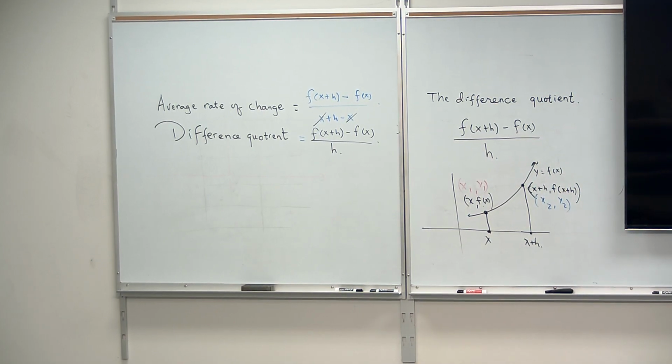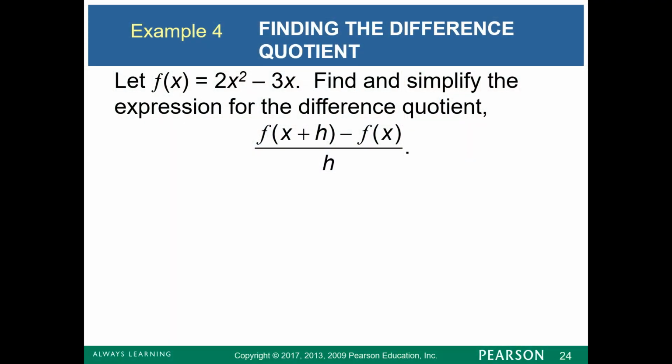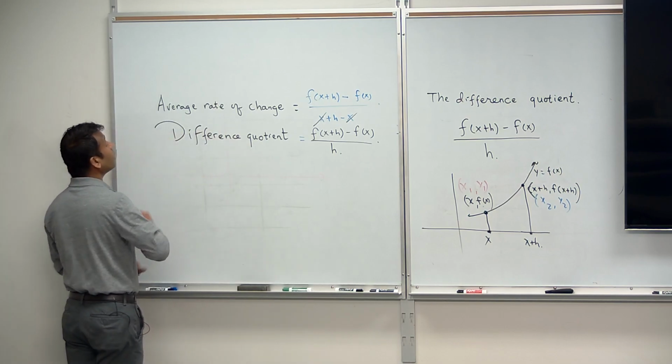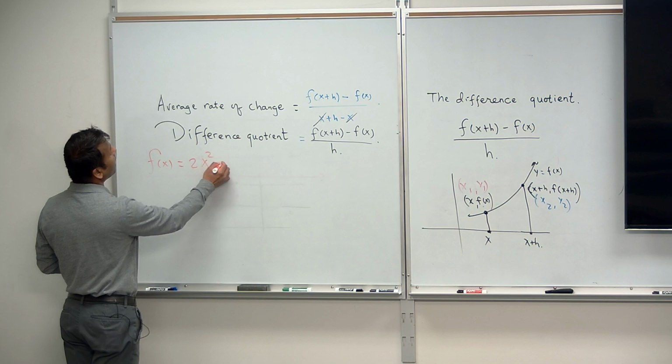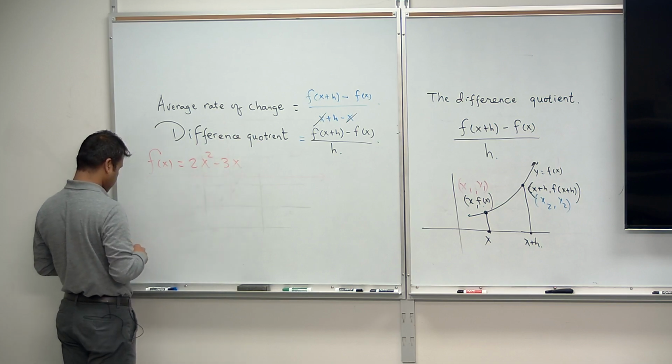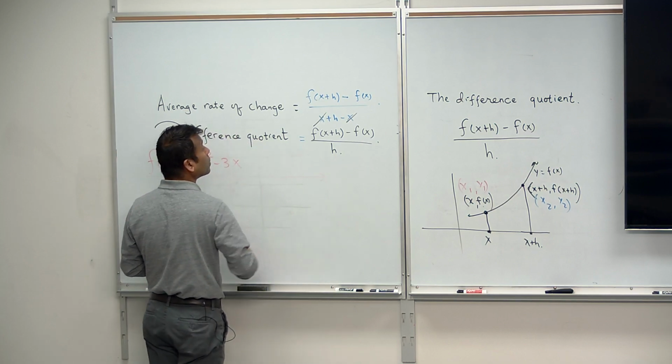Okay, so how do you find the difference quotient for the function f(x) equals 2x squared minus 3x? So what is your f(x)? 2x squared minus 3x. To find the difference quotient, what do you need to find?